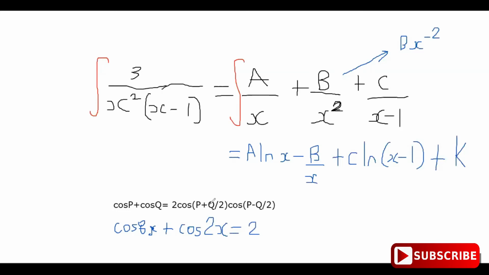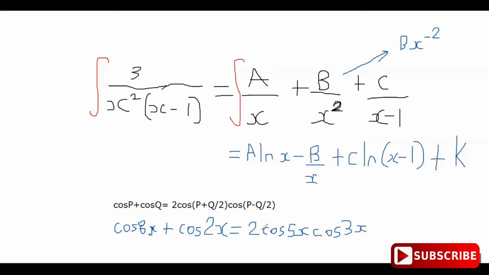But 8 plus 2 is 10, and 10 divided by 2 is 5. So you get 2 times the cosine of 5x. And the cosine of P minus Q over 2: 8x minus 2x is 6x, divided by 2 is 3x. So this is cosine of 3x.